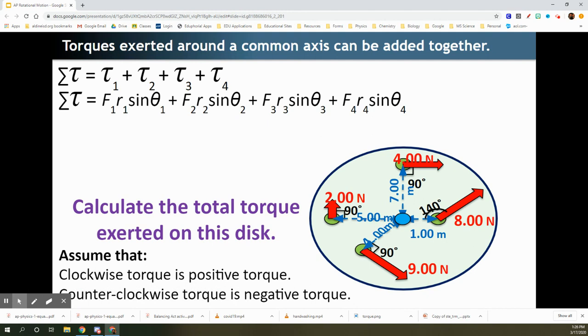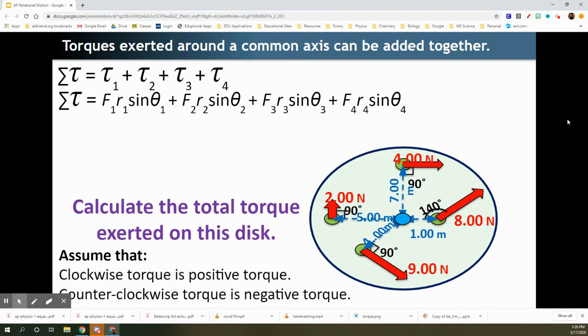Now, one of the things that we need to write down here on slide 42 is that we have a major assumption. Our major assumption is that if the torque is going clockwise, then it's a positive torque, okay? And if the torque is going the opposite way, or counterclockwise, then that's going to be considered a negative torque.